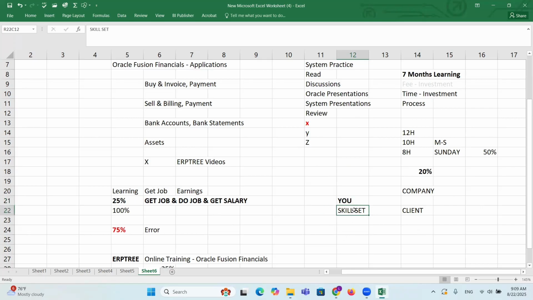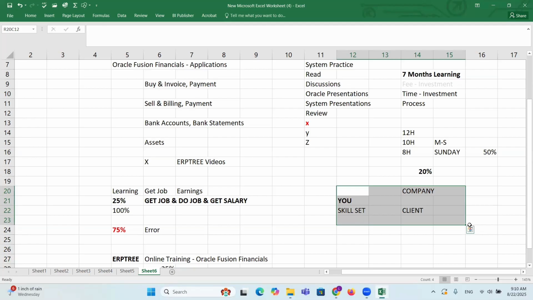Learn everything so that you can help yourself, you can help your company, you can help your client. Everybody will be happy. That makes good sense. That is the perfect deal. We should not get into worst deals, foolish deals. I don't mind what happens to company, what happens to client, if I get salary enough.